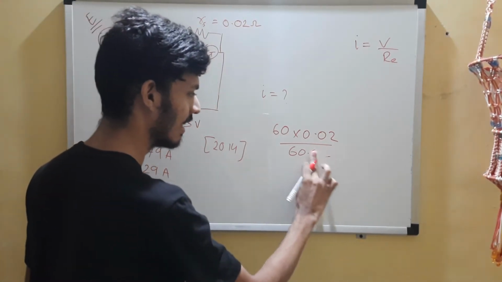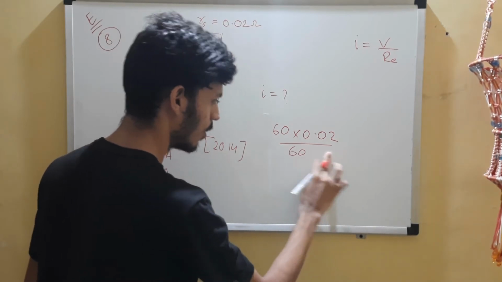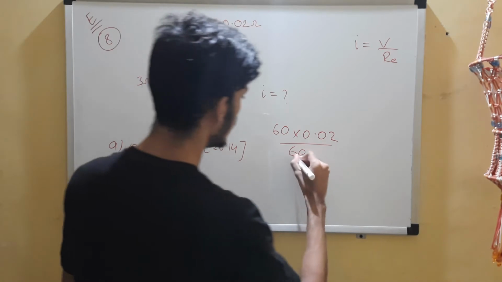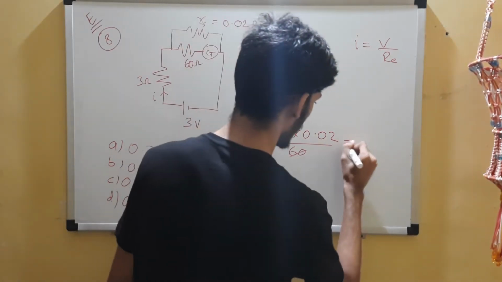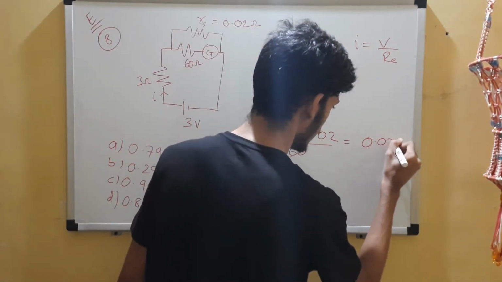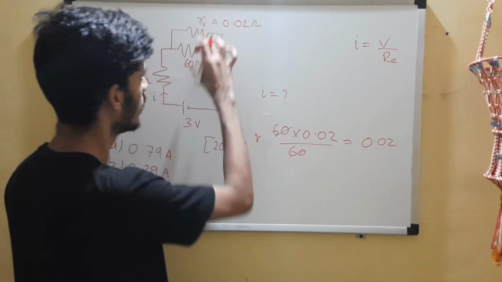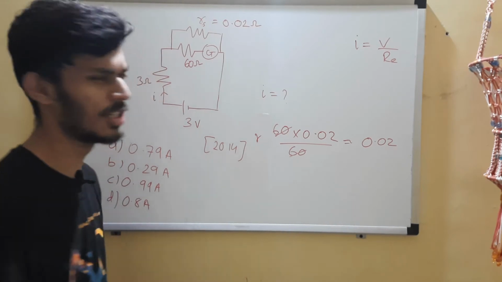I can just treat it as 60 instead of writing 60.02, approximating. So this and this will get cancelled, and you can see that the resistance will be approximately 0.02.